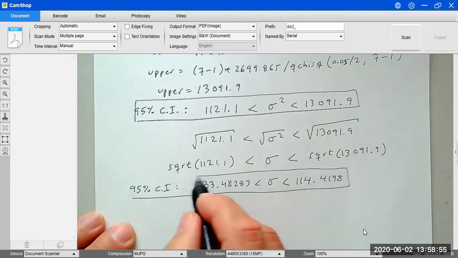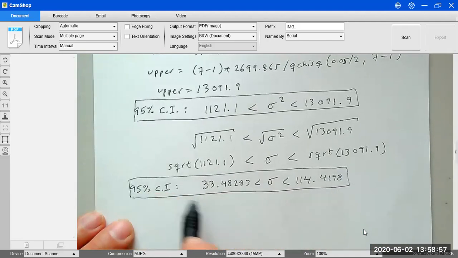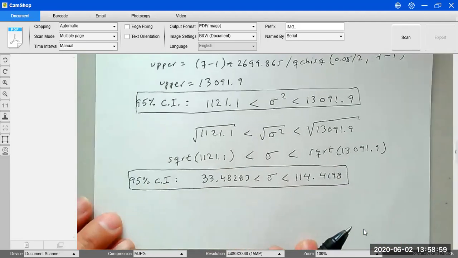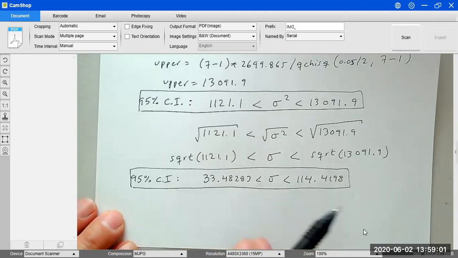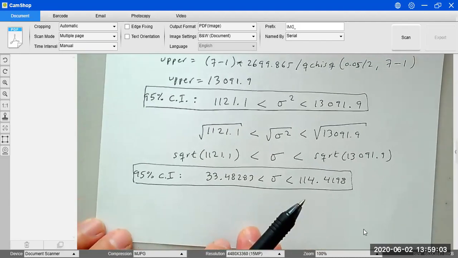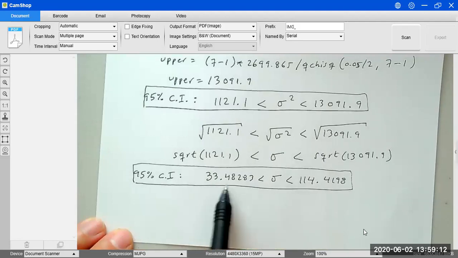So in the problems in your quiz and in the exam, this is what I want to see. So the intervals, if you are asked to estimate the standard deviation of the population, when they say estimate the standard deviation of the population, they are talking about an interval. They are not talking about a single point.